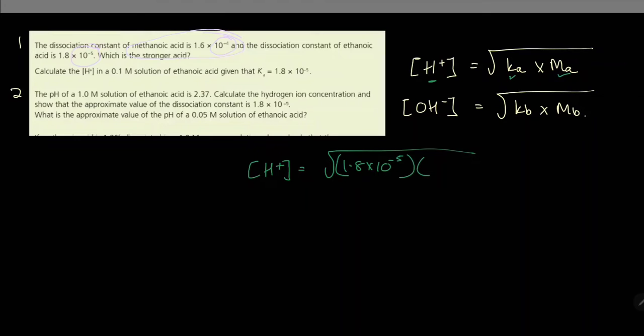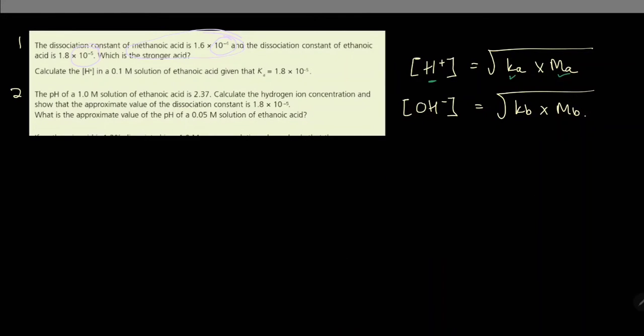That's our Ka subbed in. Molarity of the acid is 0.1. Quickly put that into the calculator and you will get 1.34 by 10 to the minus 3 moles per litre for that concentration. And that's the answer to question 1.